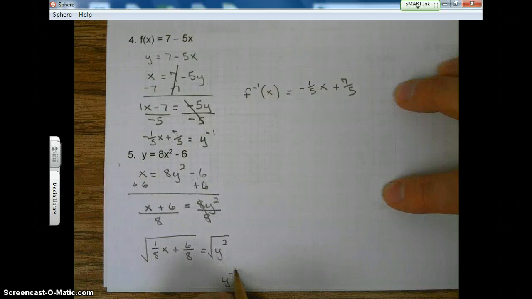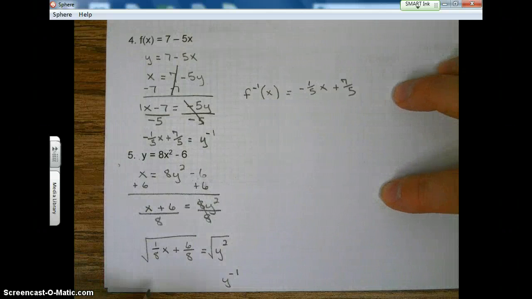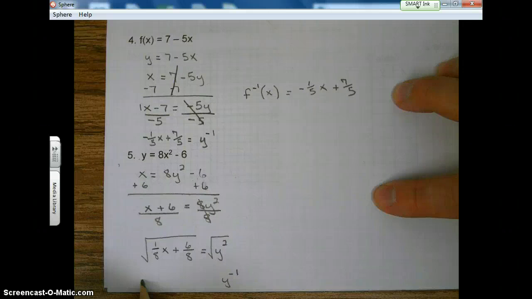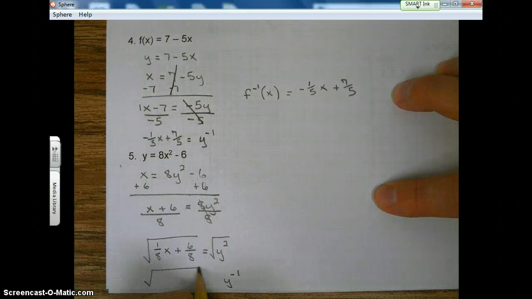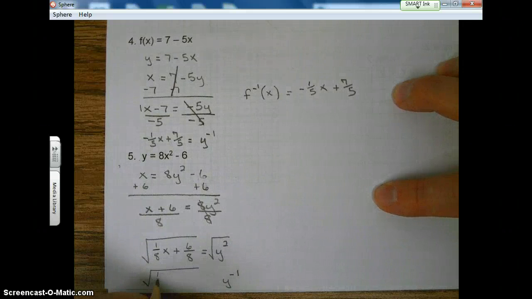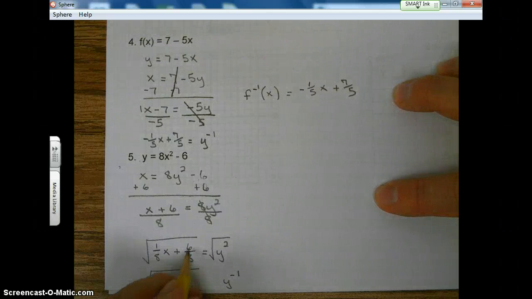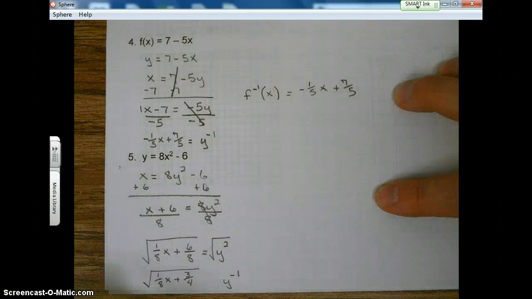It's the inverse function, and let's just go ahead and leave it like that. Let's not even attempt to make this look prettier. 6 eighths reduces to 3/4. We'll go ahead and leave it like that.